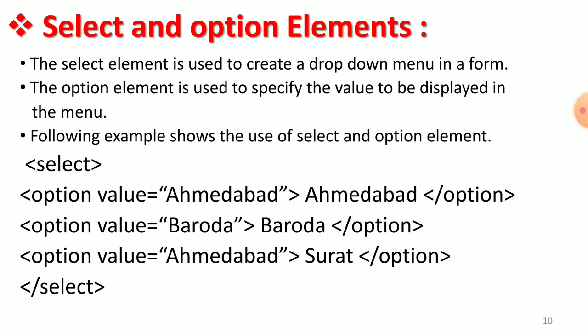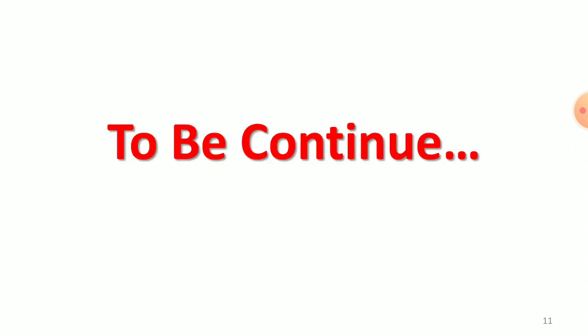Third, option value equals to Surat and then Surat and slash option and slash select. Over. There is a drop down list available for the city. First is Ahmedabad, second is Rajkot and third is Surat. That is select and option elements.